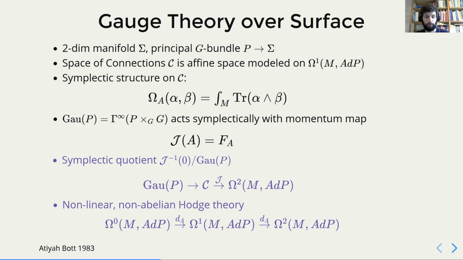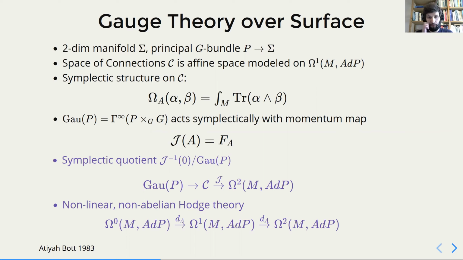And for example, one method to construct them is by looking at symplectic quantization, geometric quantization of this moduli space of flat connections, which by this procedure of symplectic reduction inherits a symplectic form. And these invariants are then a refinement of the Betti numbers. And that was used originally by Atiyah and Bott.